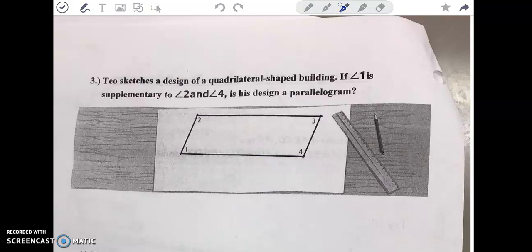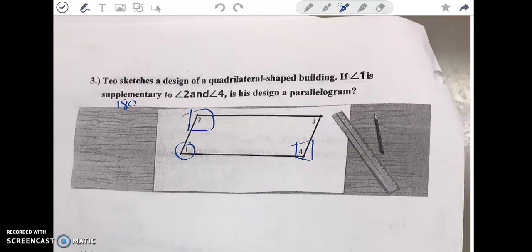Okay, on this problem, Teo sketches the design of a quadrilateral-shaped building. If angle 1 is supplementary to angles 2 and 4, his design is a parallelogram. Angle 1 is supplementary, which remember means the sum equals 180, to angles 2 and 4. I said it backwards.